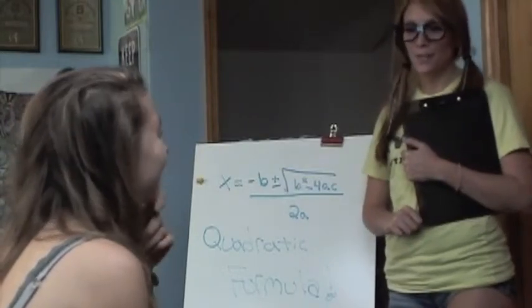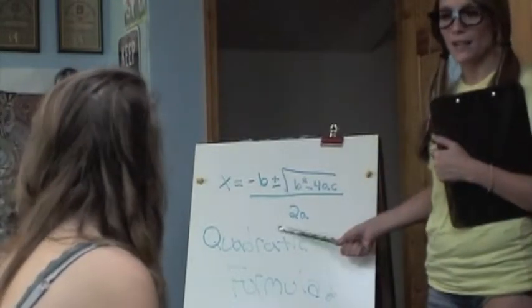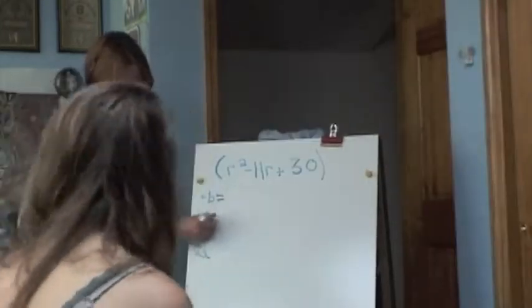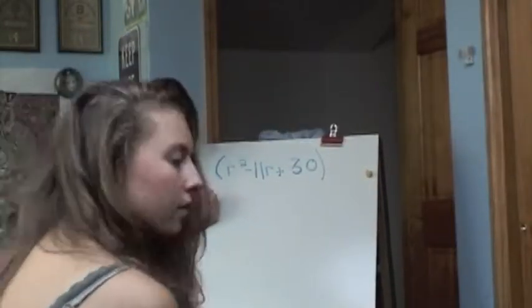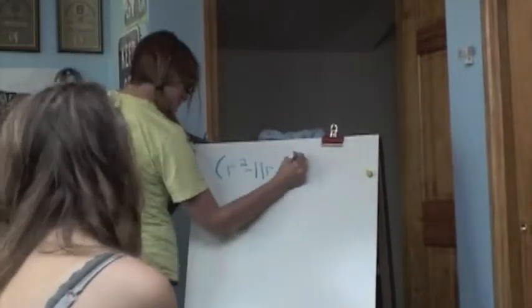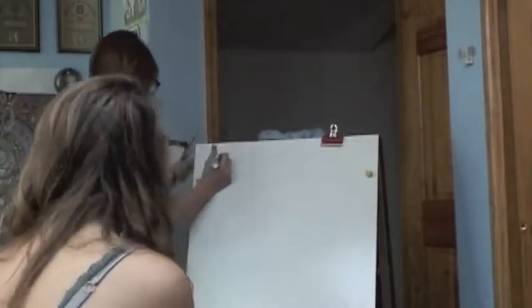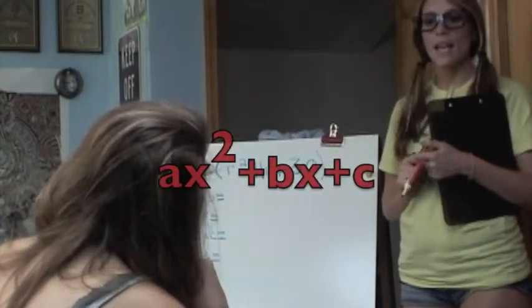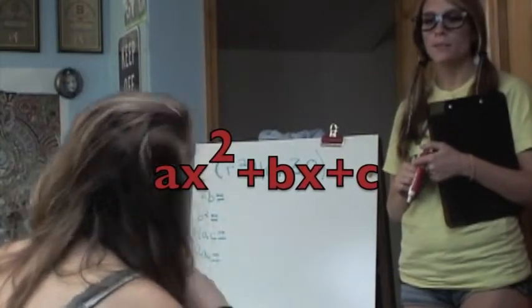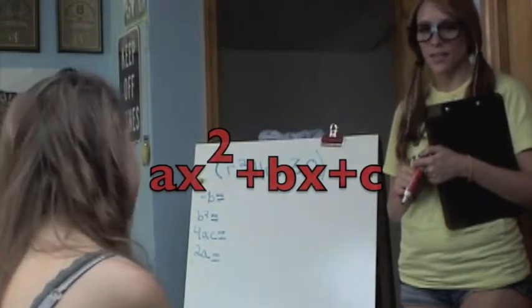Let us try some equations now using the quadratic formula to solve them. As you will remember from the beginning, the form of a quadratic is ax squared plus bx plus c.